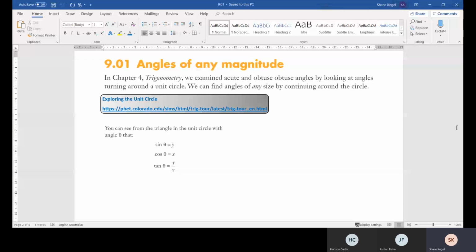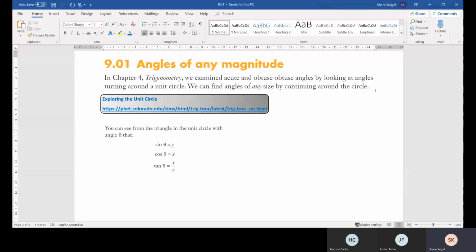So let's start. All right, so angles of any magnitude. In chapter 4, which was the last chapter, we examined acute and obtuse angles by looking at angles turning around a unit circle. So when an angle is acute, we know it must be its acute version.